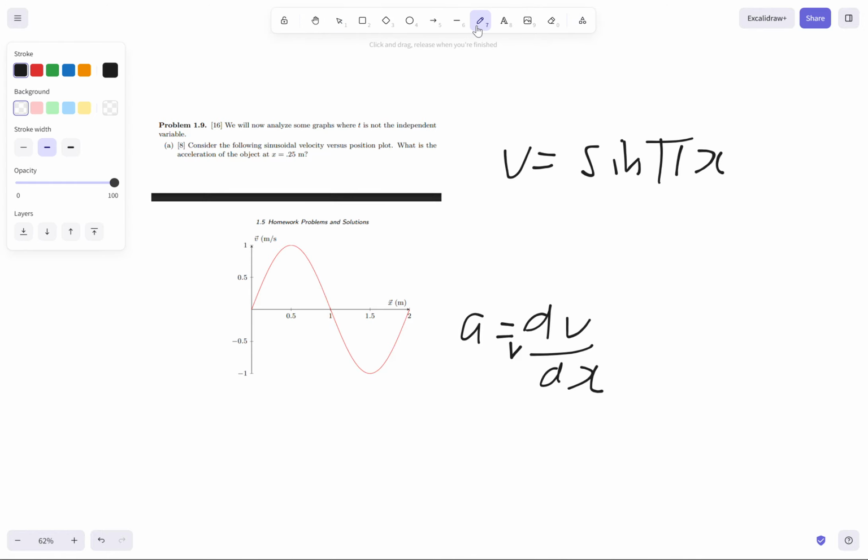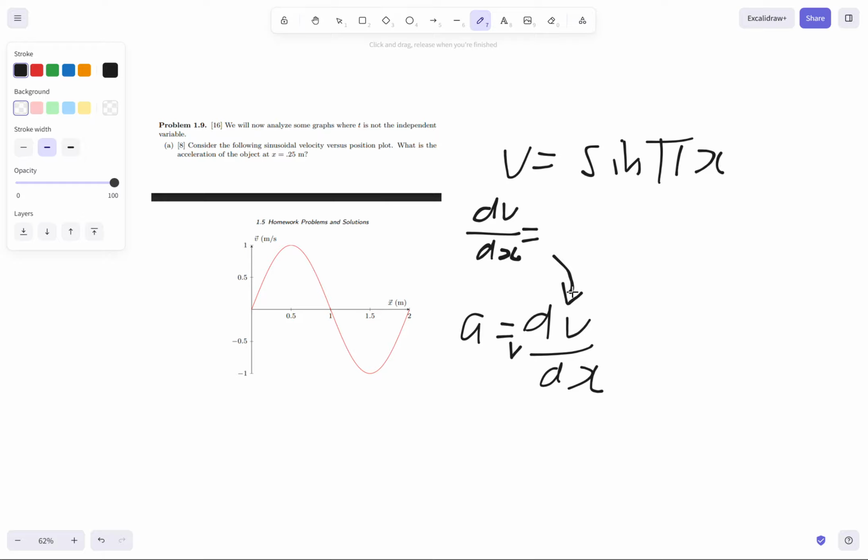Basically, if we take the derivative of this expression, we get this term, dv over dx, which we can plug into here and find the answer.